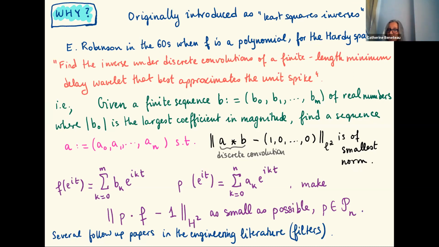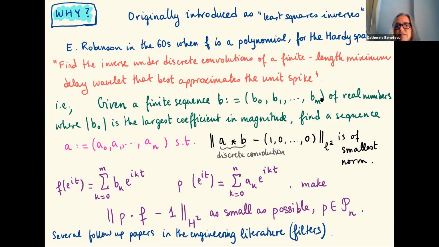So actually wavelets were not even really a thing at that time, but this was something that he was interested in. So what did that problem mean actually? So the problem was just for f a polynomial. So f looks something like this maybe on the circle. Let's say visualize it on the circle. The Hardy space H2.